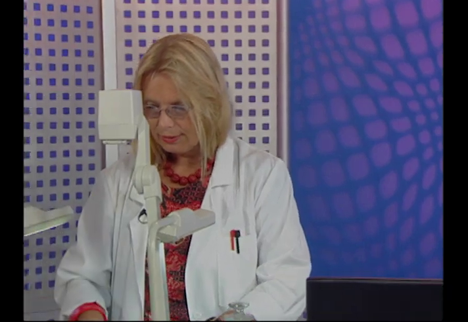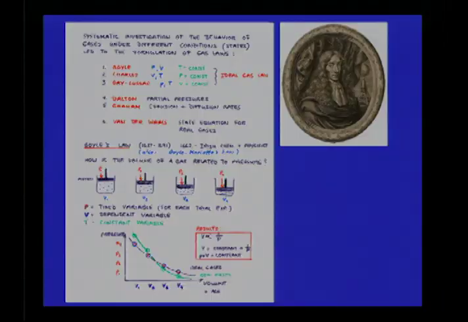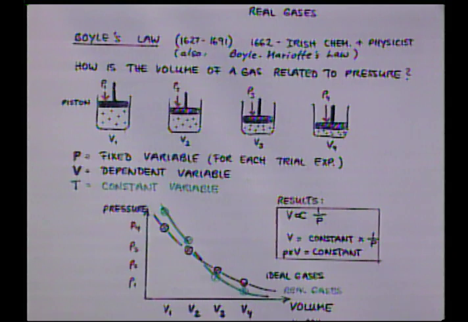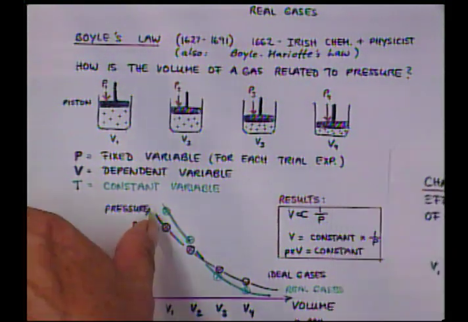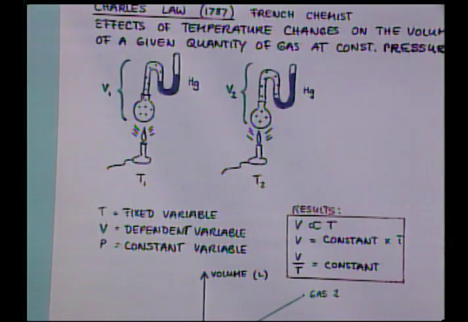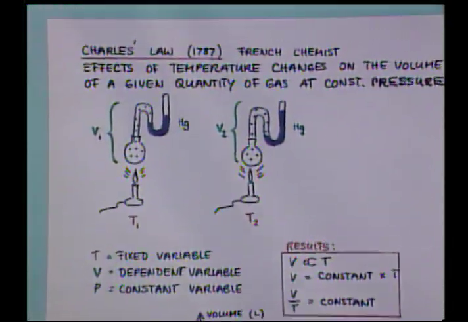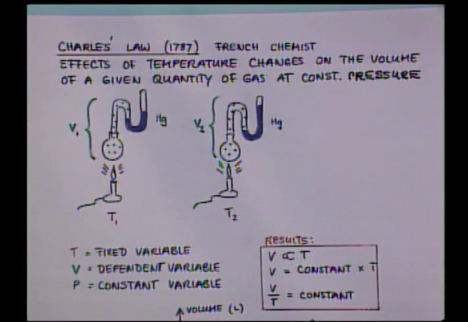So we have Boyle's law pretty well defined. Now move ahead. You see, Boyle lived from 1627 to 1691, and Charles' law was established more or less in 1787, practically 100 years later.